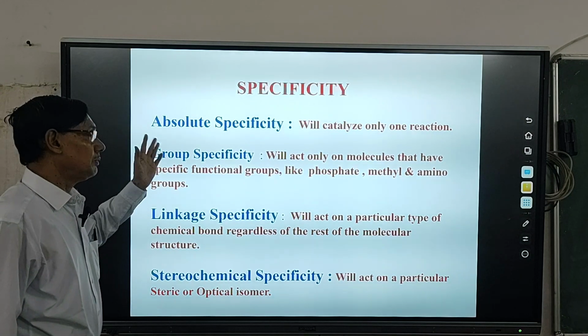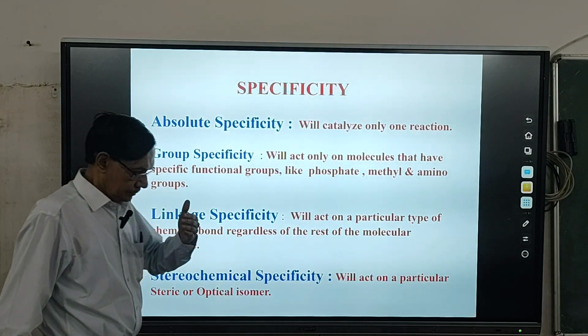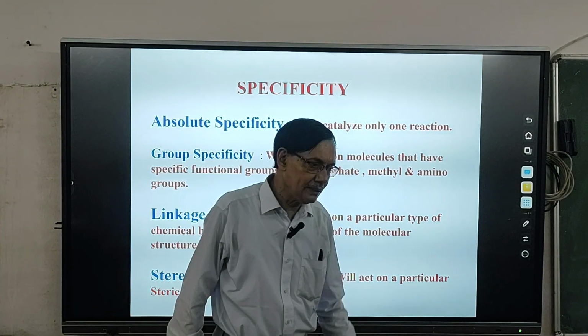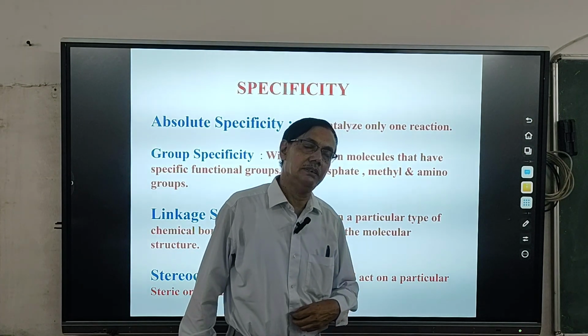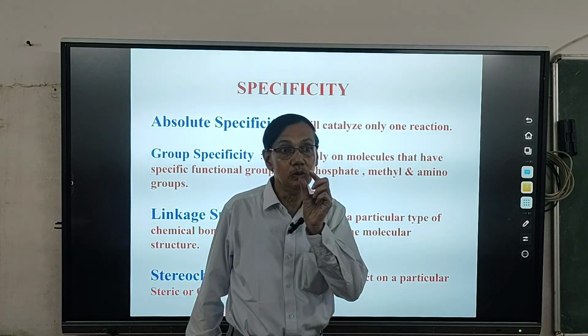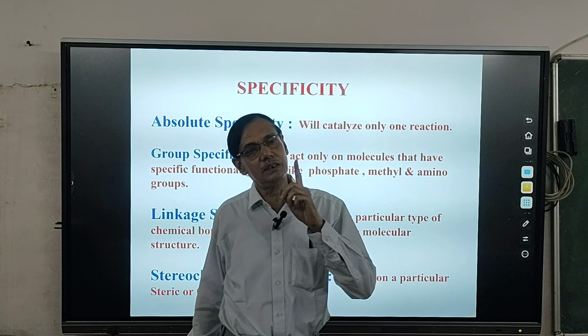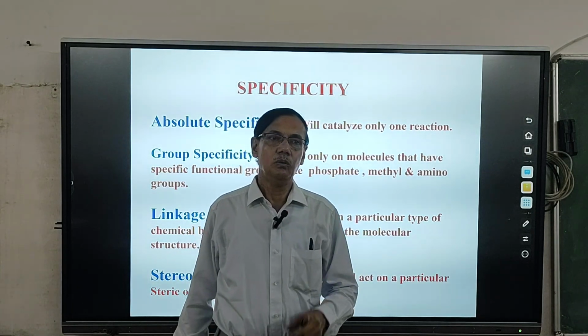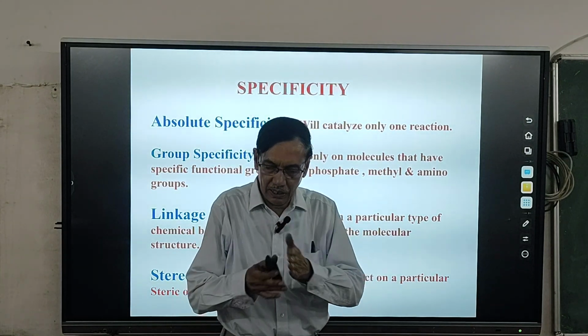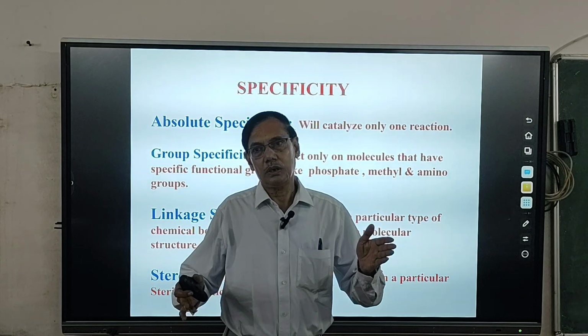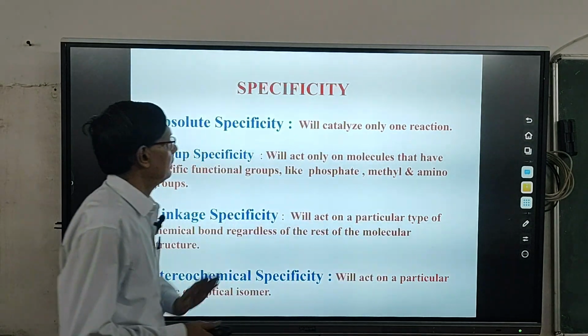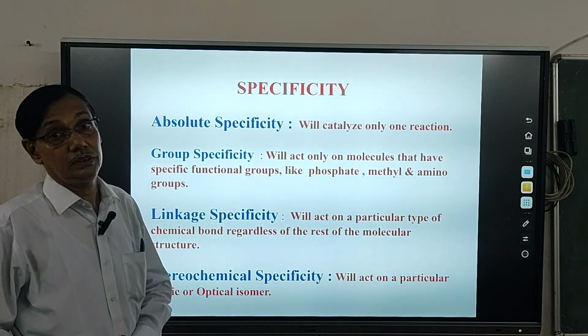Absolute specificity: if we are trying to catalyze the hydrolysis of acetylcholine, which is a neurotransmitter, only acetylcholinesterase will be responsible. So it is very specific, and sometimes called absolute specificity.